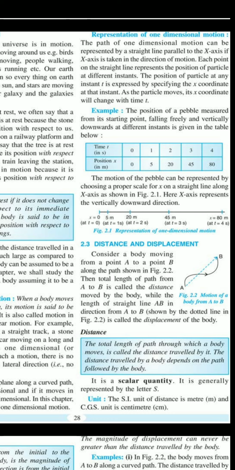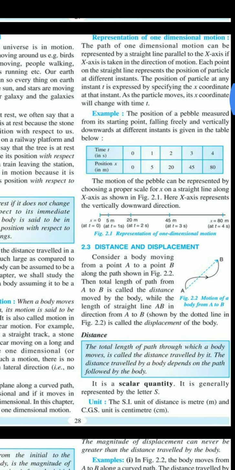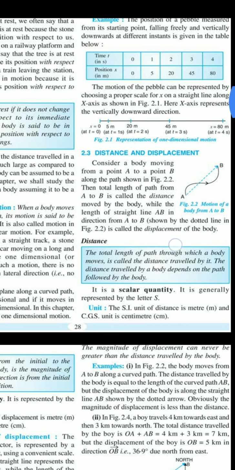That is the shift of the body from its initial position. Or you can say that the shortest distance between the initial and final position is known as the displacement. So I hope you can understand this.